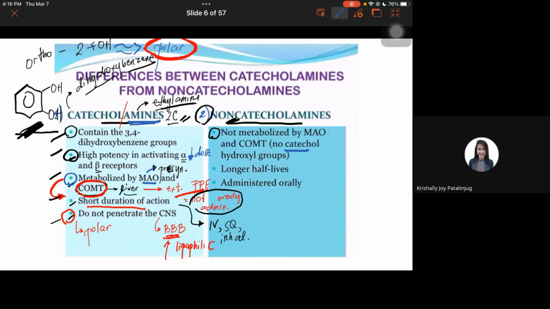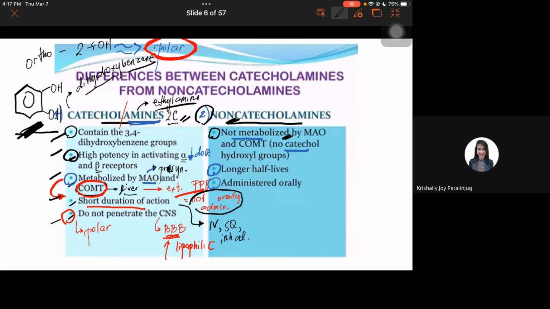Okay, so with that, kung hindi sila prone to metabolism by MAO and COMT, they will have longer half-lives, longer yung duration of action nila. Hanggang tumatagal sila, no, sa katawan. And then, therefore, they can be administered orally. Kasi nga, hindi naman sila na-metabolize, diba?